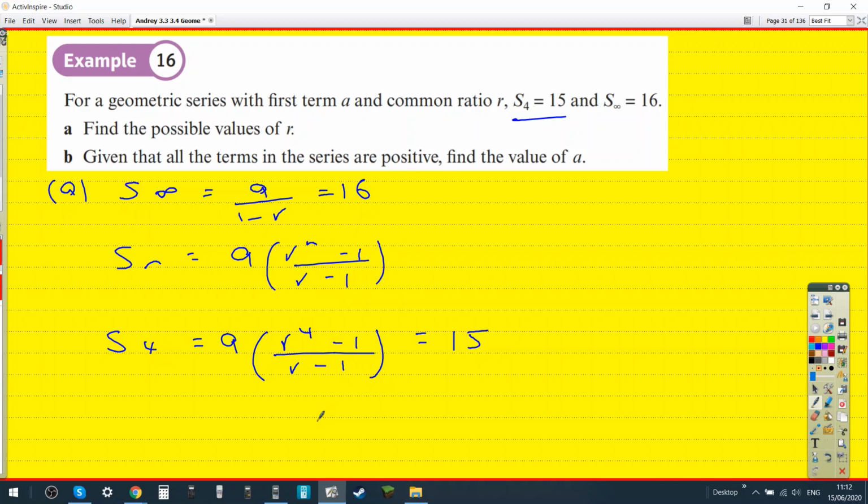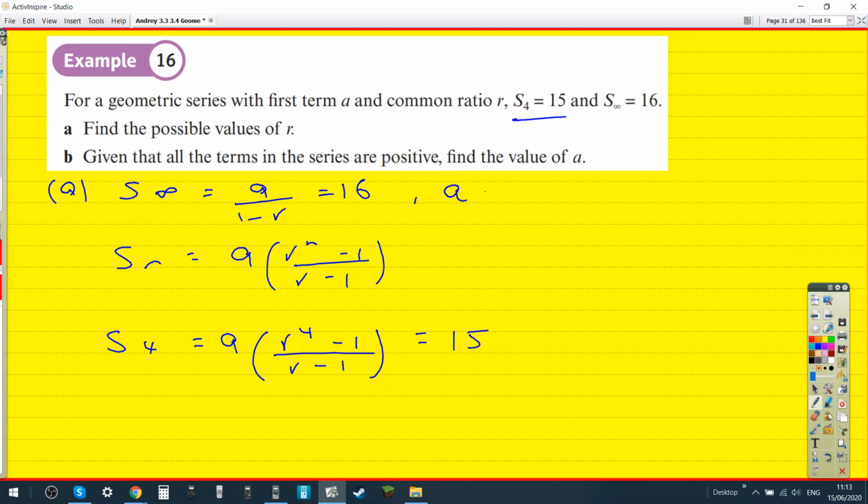Let's see. It's like what you were saying earlier about making R the subject. I'm not sure which way is easier. Let's make A the subject in this one up here. What would it be?